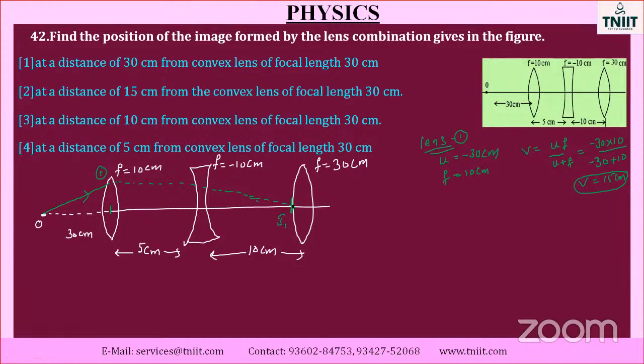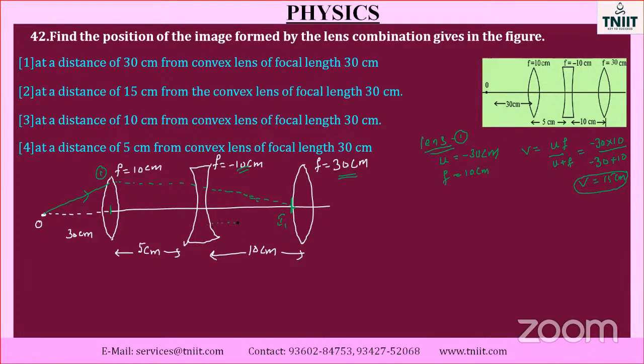Now this image will act as the object for the second lens. For the second lens, the focal length is 10 centimeter.